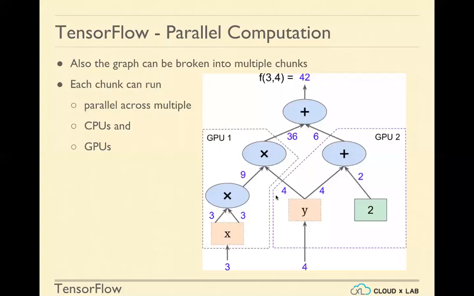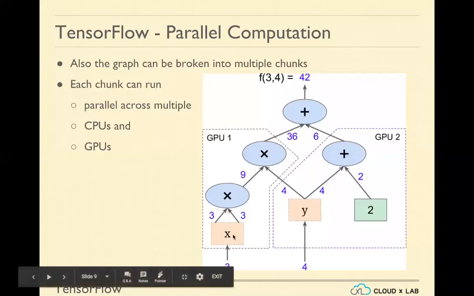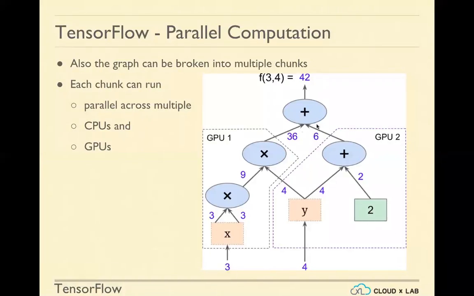For example, this part of the computation could be given to one processor, and this part could be given to another processor. Once both parts are done, we can do the addition.